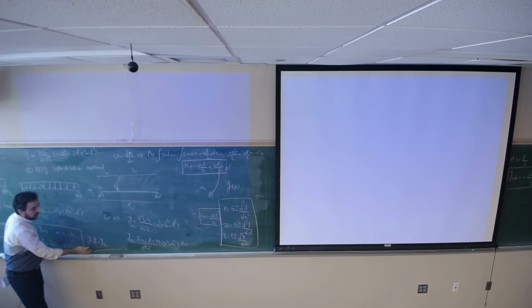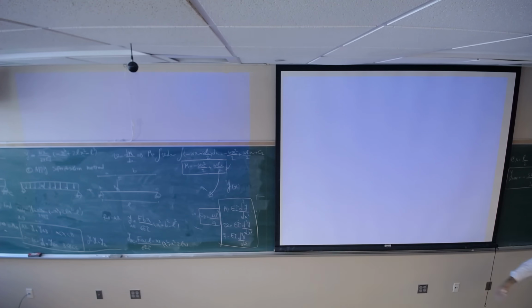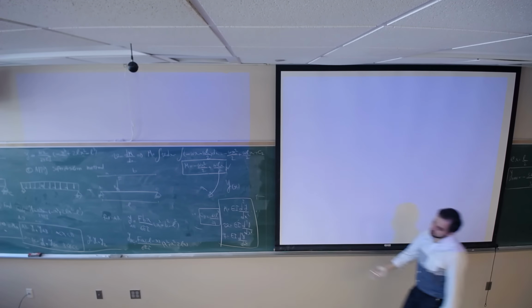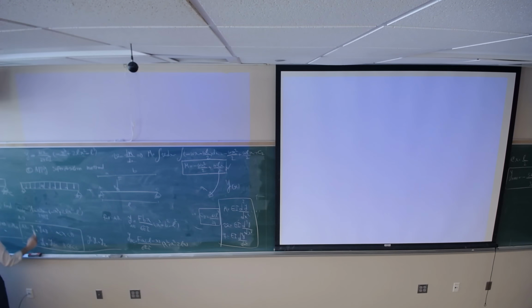Find the value corresponding to that x and compare which one is the greatest. That x is going to give the greatest deflection. Or you can plot these two functions and see where you have the maximum deflection.